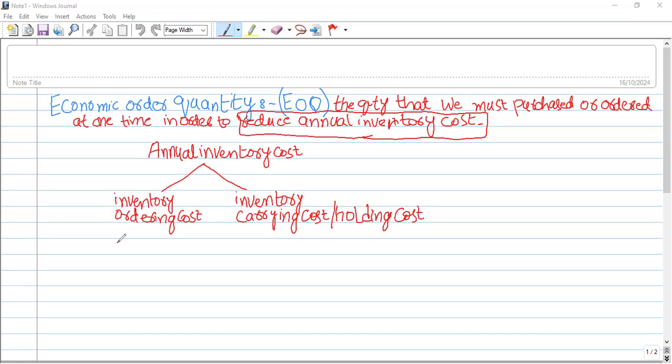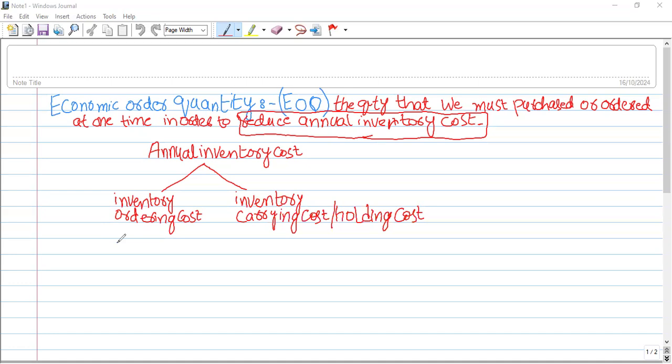First of all, we said EOQ is the model which reduces our annual inventory cost. It is the one specific model which reduces your annual inventory cost. The question arises, what is annual inventory cost? It includes two costs, inventory ordering cost and inventory carrying cost.